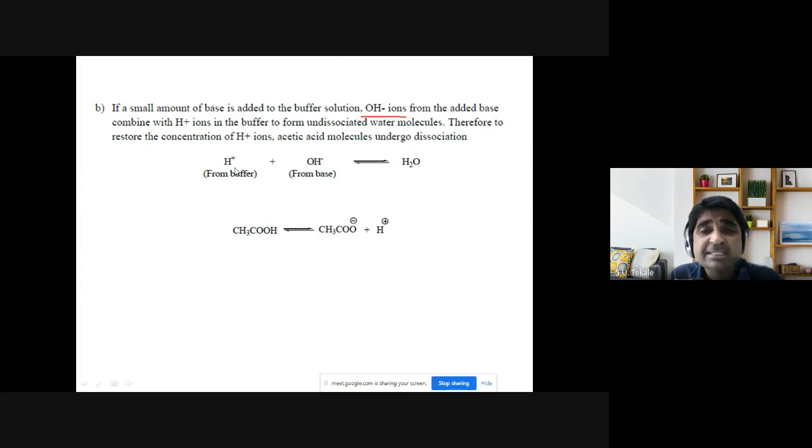In both cases, whether we add acid or base to the solution, the concentration of H plus ions is getting maintained. And if the concentration of H plus ions is maintained, it means the pH of the solution remains constant. This is how this acidic buffer works. So we have seen the mechanism of action of acidic buffer.